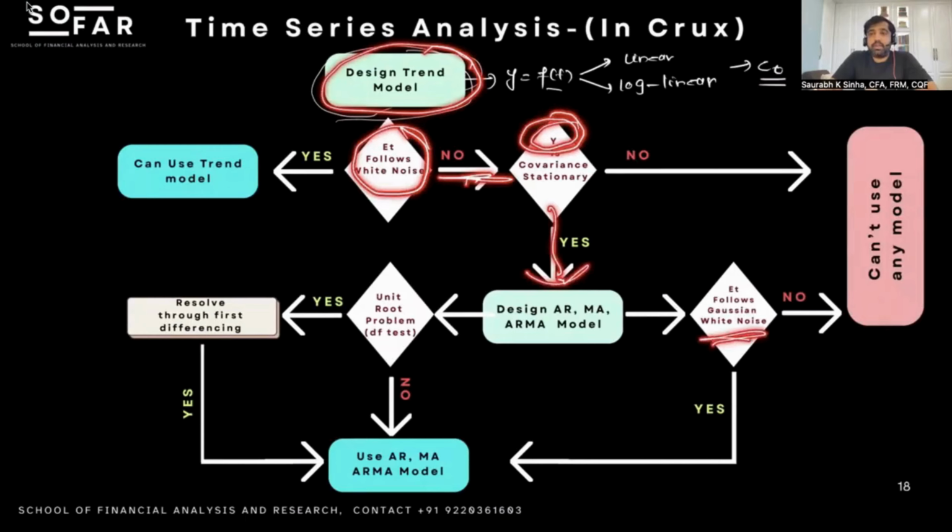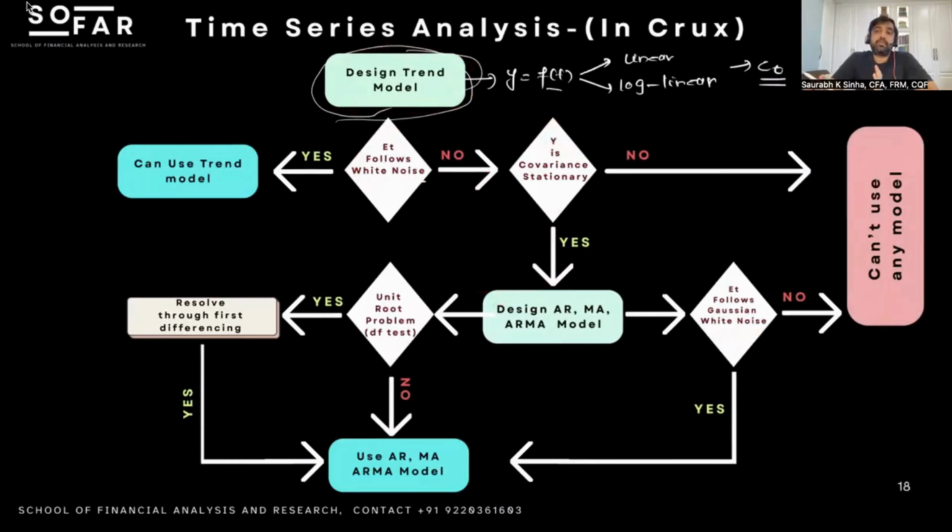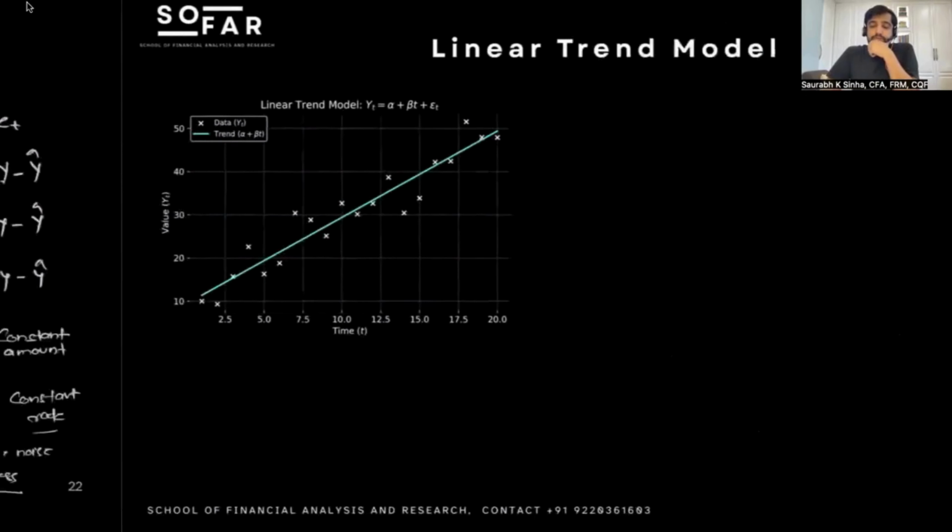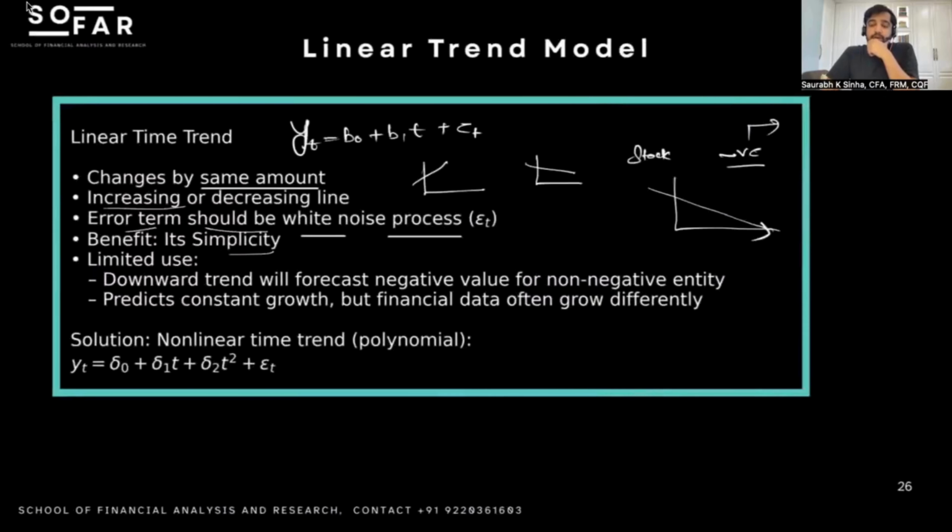Then you again have to test whether the Gaussian white noise process has been respected or not. But you cannot touch the ARMA model until and unless y is covariance stationary. y has to be covariance stationary. Otherwise, you cannot use the ARMA model, or any model that falls under the ARMA model.